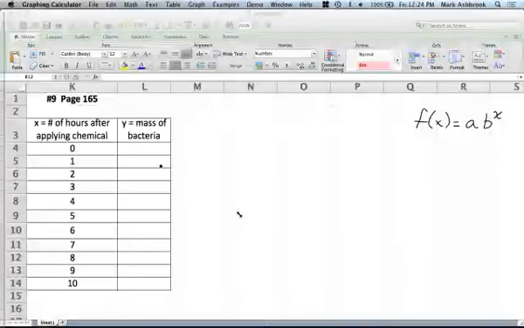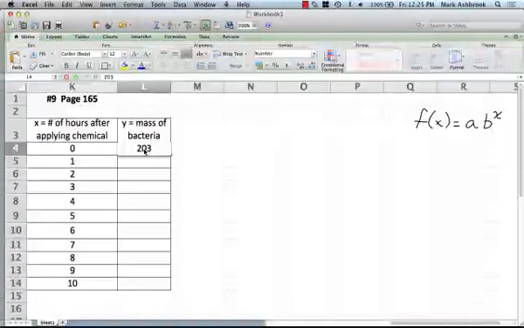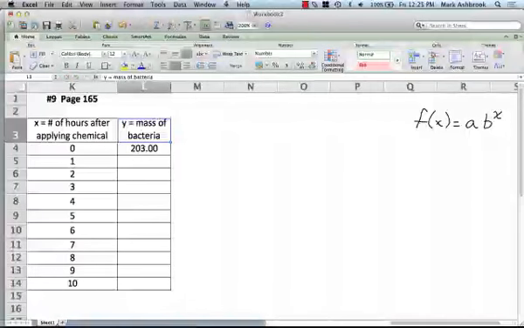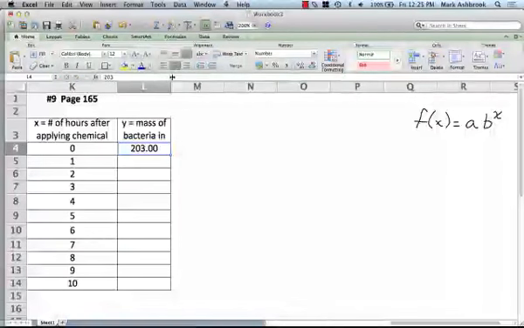What's the initial mass? 203? Thank you. Micro or milli? Oh, I don't know how to do micro. Oh, look at that. Found it.